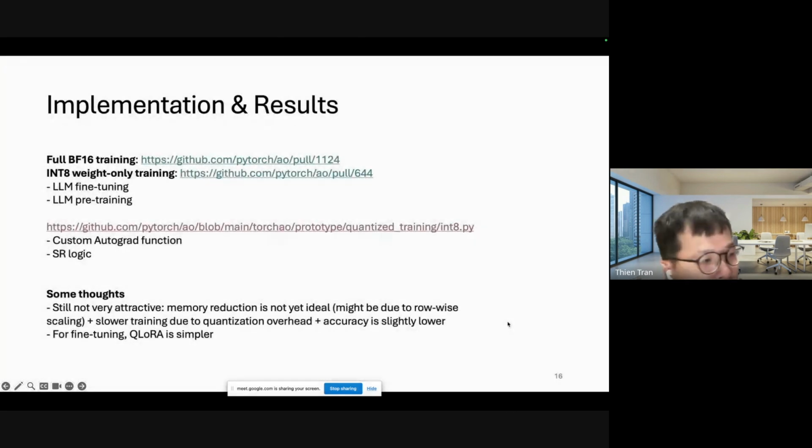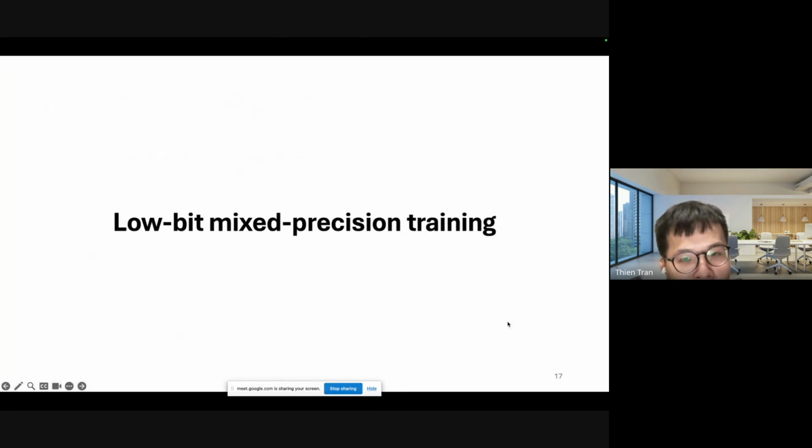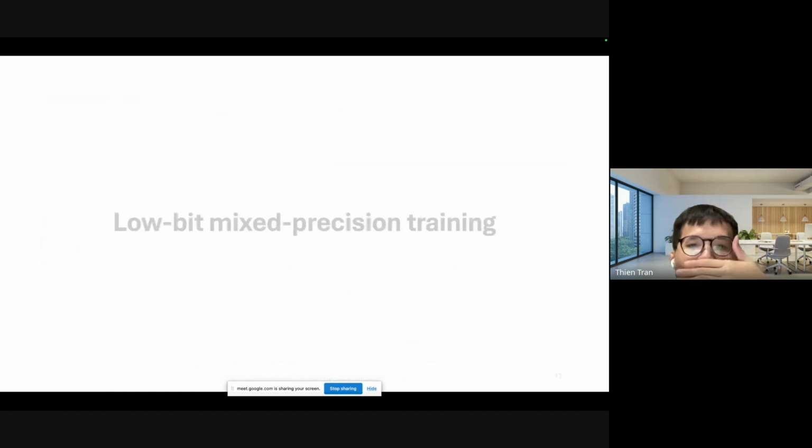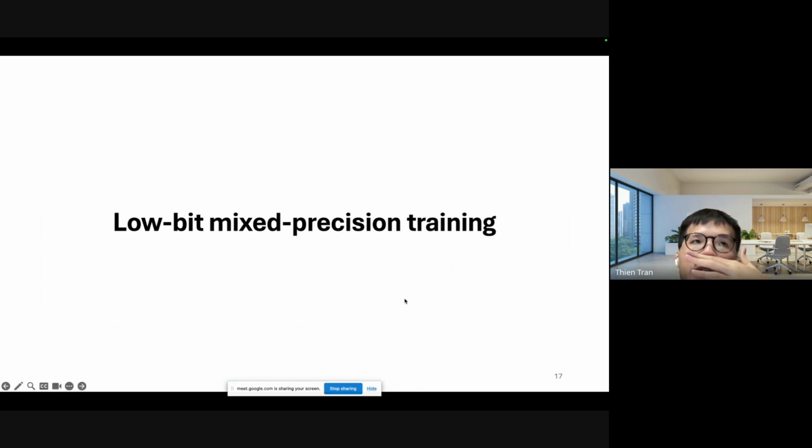Okay, so we are moving on to the next one, which will be low-bit mixed precision training. The difference compared to the one I just went over is that in this one we're still using FP32 weights, for example, but we will quantize both the weights and activations during training to make use of high-speed tensor cores.